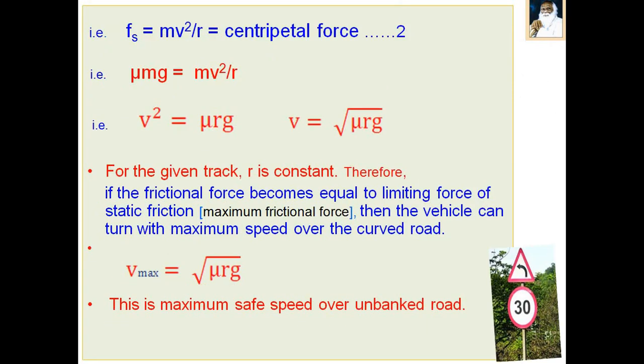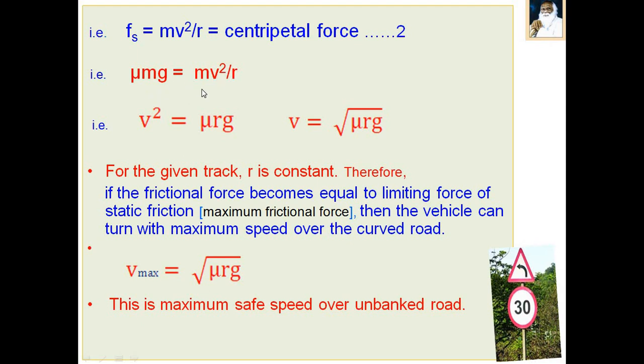This force of friction Fs is equal to centripetal force, and therefore Fs is equal to mv square upon r. Now force of friction can be given as mu into N, but mu into N is nothing but mu into mg, because N and mg are equal, and mv square upon r, there is no change.